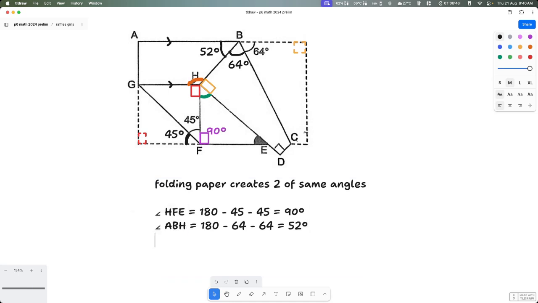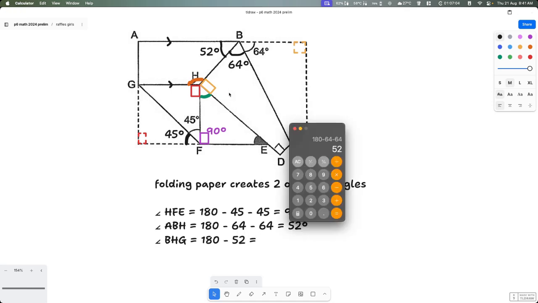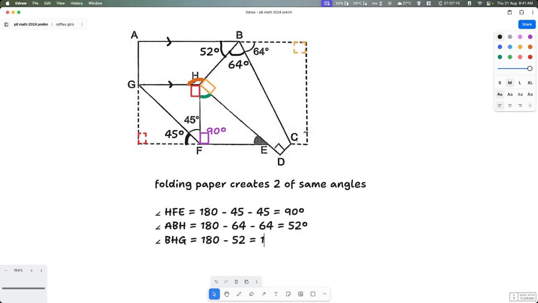Don't know if you've been to BHG before, but BHG is equal to, basically, we just do 180 minus 52. All right, and this is equal to, let's use the calculator, 180 minus 52, 128 degrees.